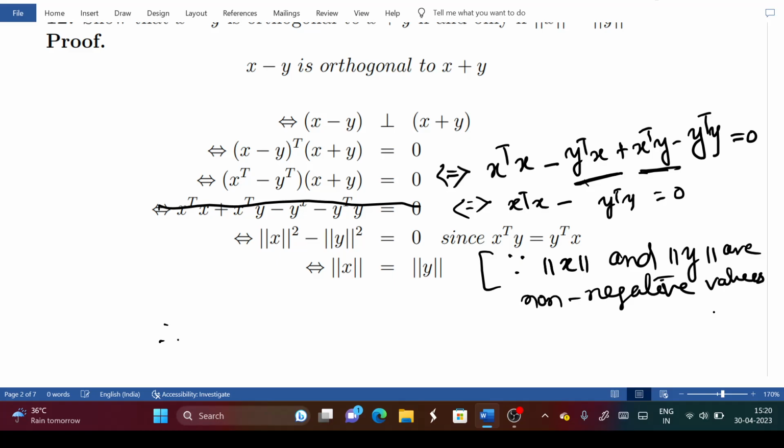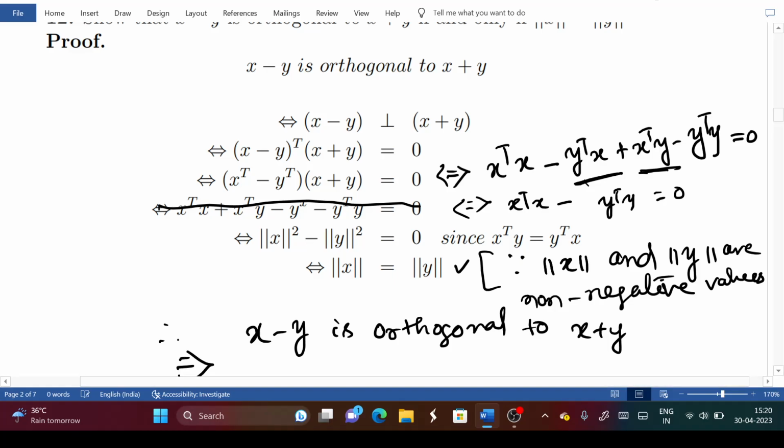Hence we got this conclusion. Finally, we started with x minus y being orthogonal to x plus y, and we got that it implies, and is implied by, the length of x being equal to the length of y. Hence it is proved.